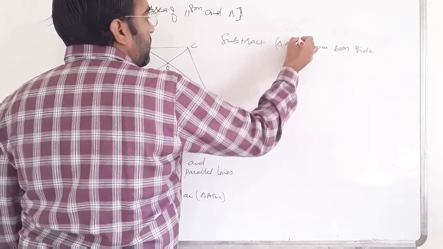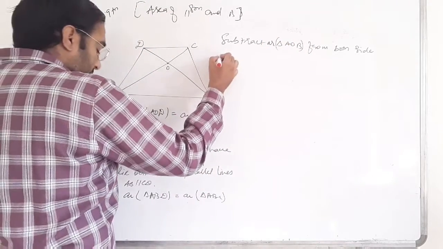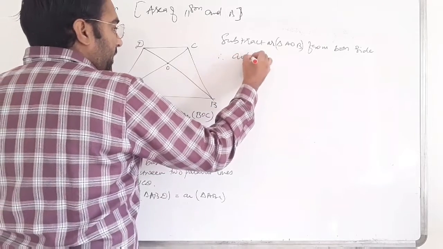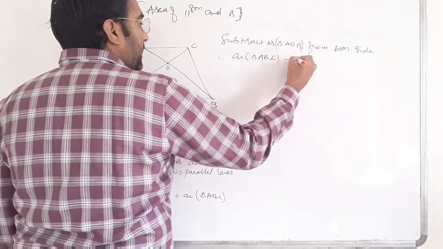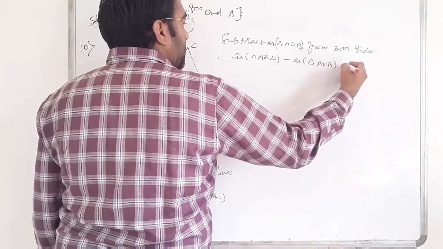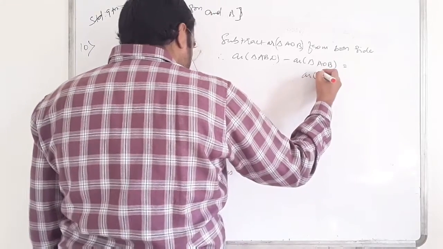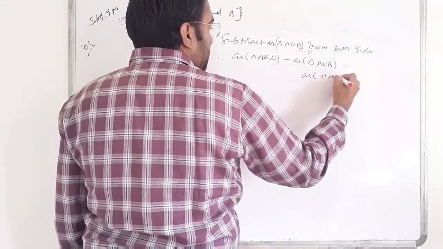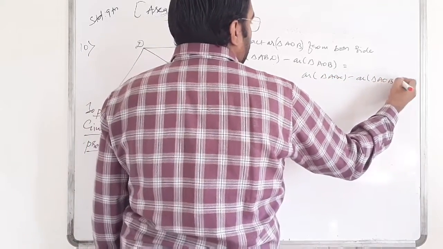Okay, so therefore area of triangle ABD minus area of triangle AOB is equal to the area of triangle ABC minus area of triangle AOB.